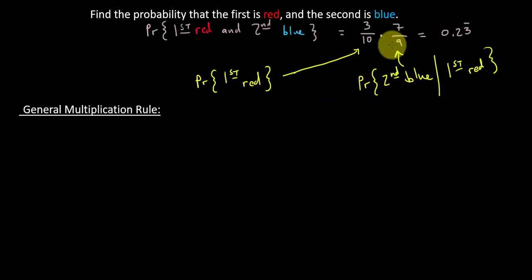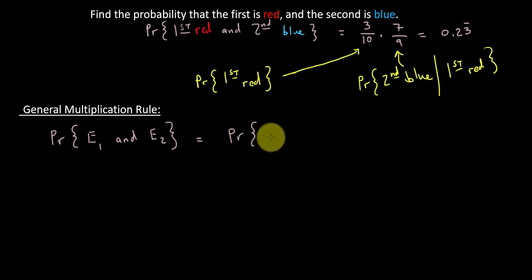This is sometimes called the general multiplication rule, where the probability for E1 and then E2 to occur, sort of like first is red, second is blue, this and then that. So probability of E1 and then E2 is, there's going to be some multiplication.